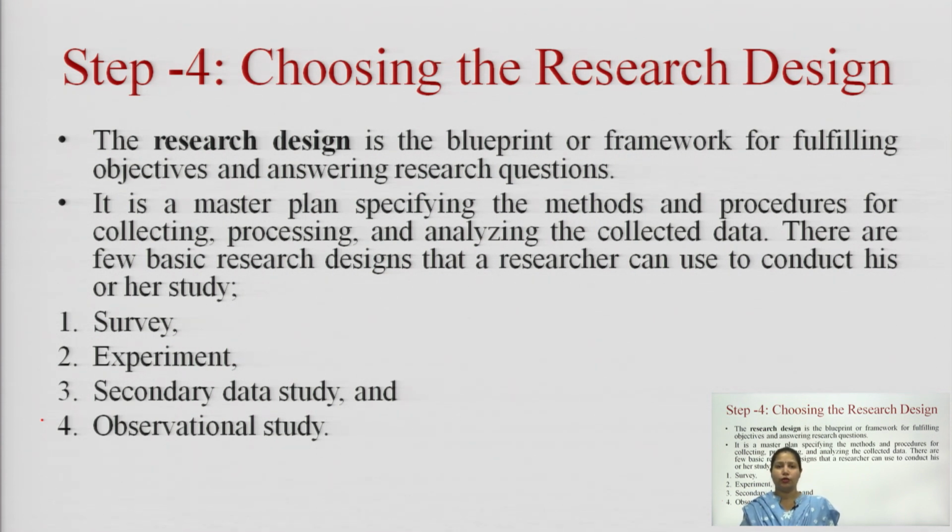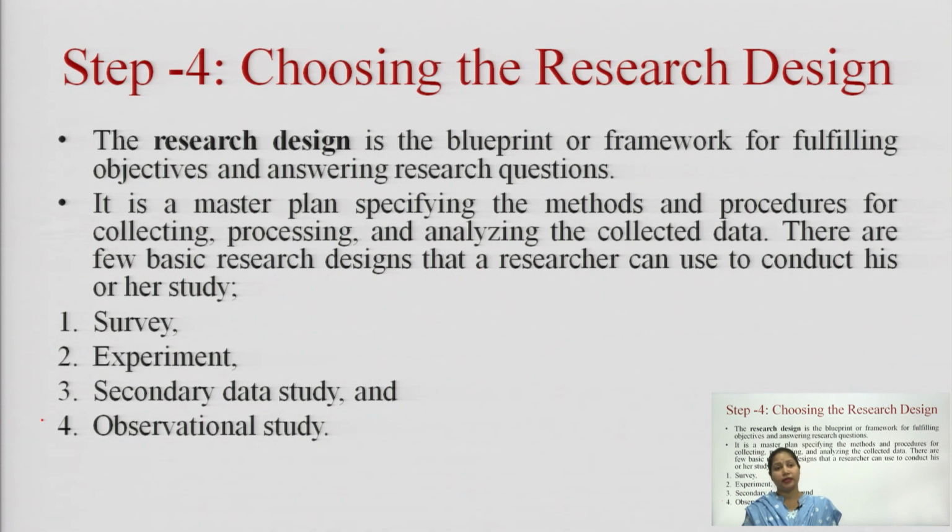All of it is based on the research question we have taken, and what type of hypothesis or objective we have studied. For example, an observation study will be done only if you have selected a small sample size.